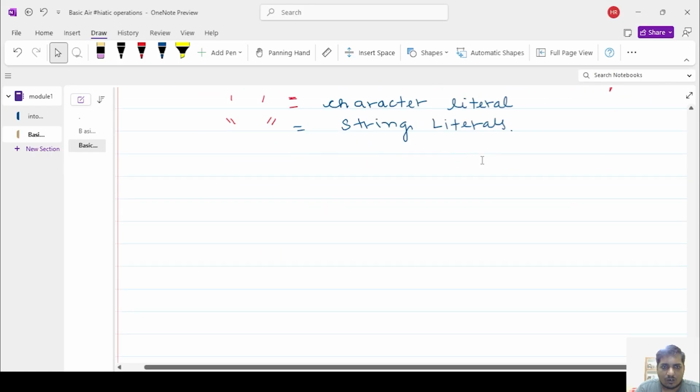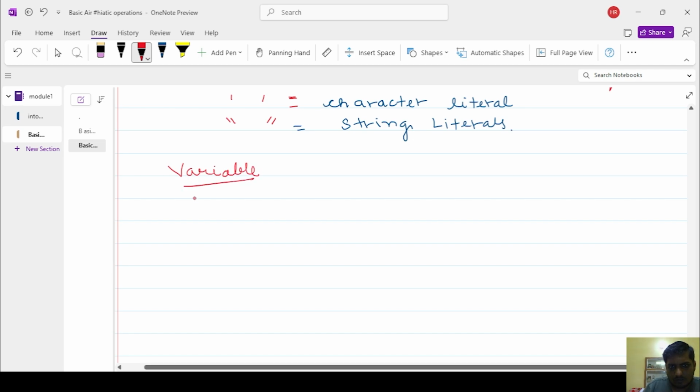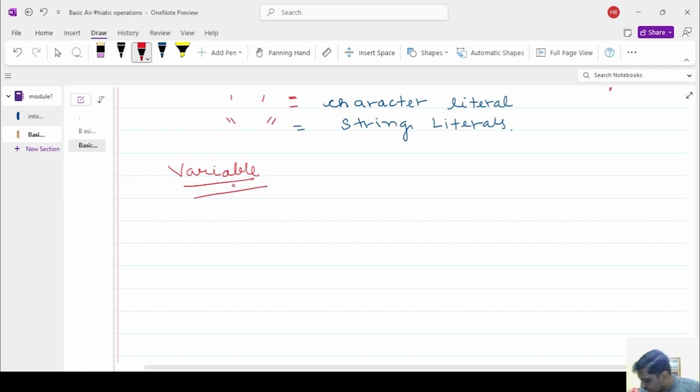Now that's called variable. We talk about the variable. To define the variable, just see the example.